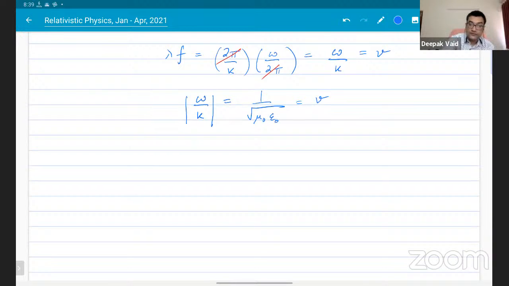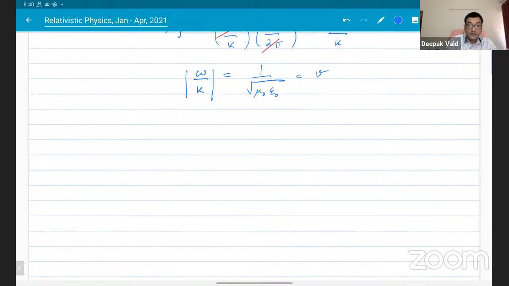Now, what are the values of mu naught and epsilon naught? I think I forget the results from time to time. I should look up the values. So we have epsilon naught, which is called the permittivity of free space.